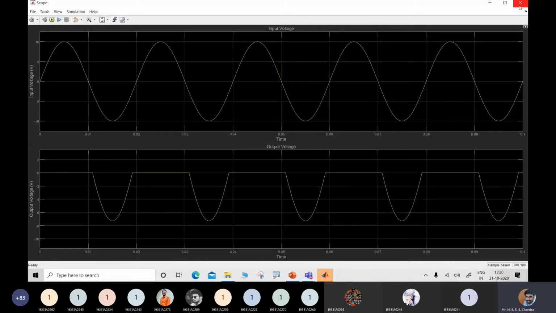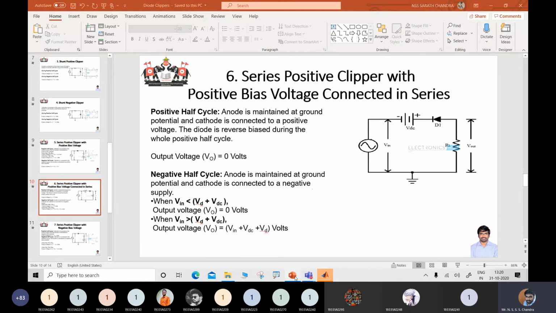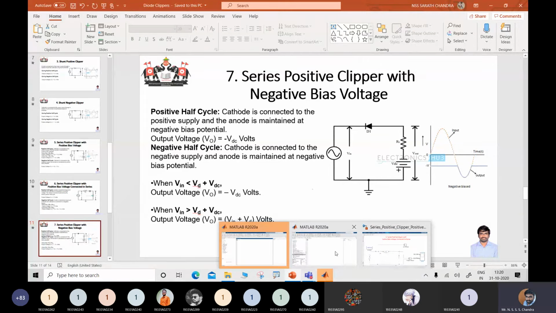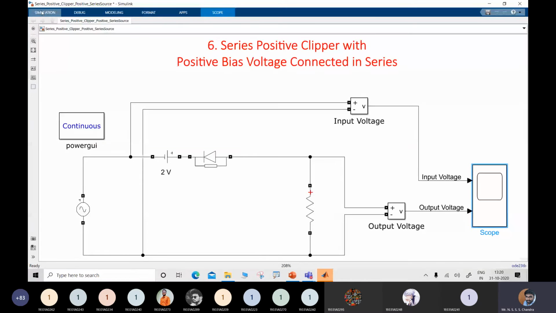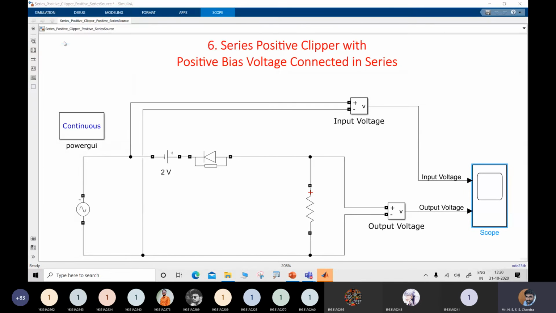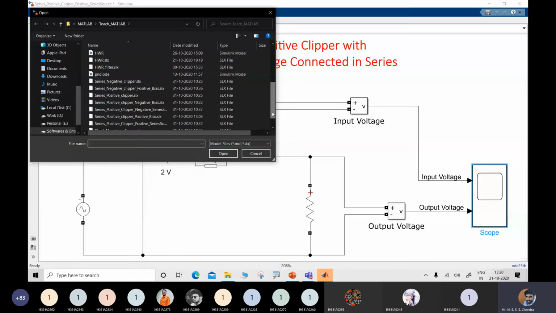So we have covered the series positive clipper with positive bias voltage connected in series. The next circuit is the series positive clipper with negative bias voltage.